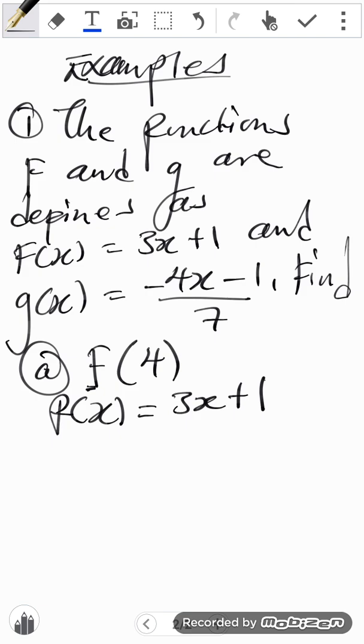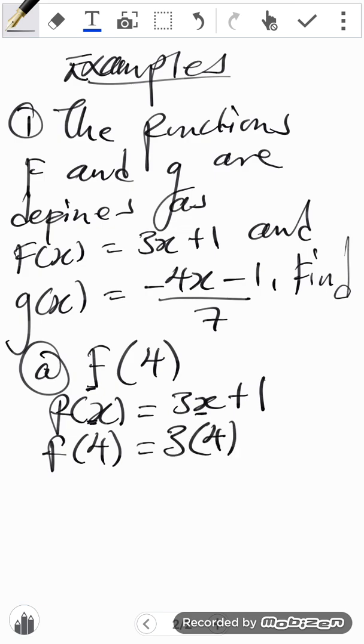Now in this function f of x equal to 3x plus 1, it simply implies that where there is x, they are putting what? X. F of x being equal to 3x plus 1 simply means that where there is x, they are putting x. But in f of 4, it simply means that where there is x, we'll be putting what? 4.